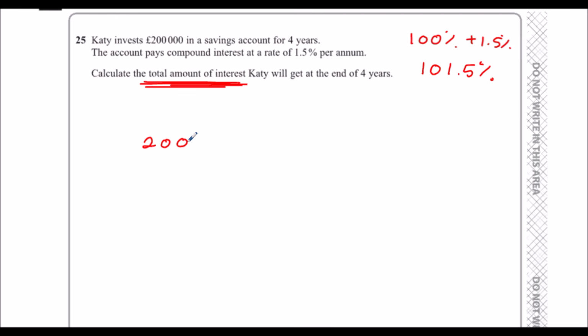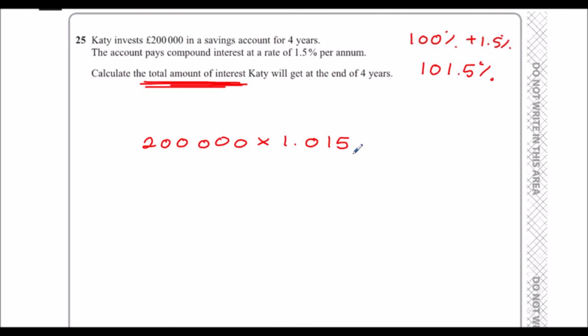And we're going to write that as a decimal. So 200,000 times 1.015. So to change a percentage to a decimal, I'm dividing by 100. So this is every year. To find out how much money we've got at the end of the year, we're going to multiply by 1.015.